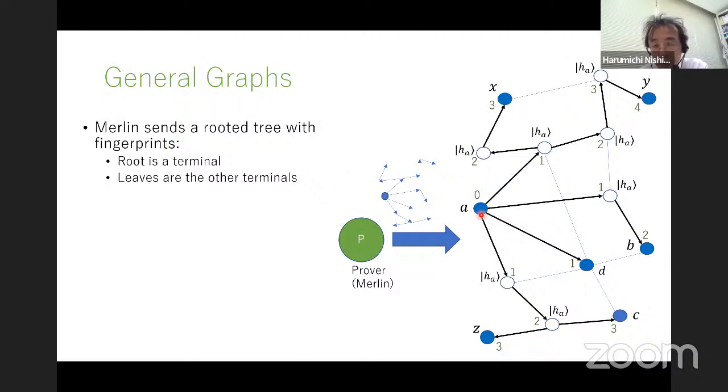For example, the prover sends the fingerprint plus a rooted spanning tree. This is the root, and this is a child of the root, like that. The root is a terminal, so this node has input A, and the other terminal also has an input, X, Y, B, like that.